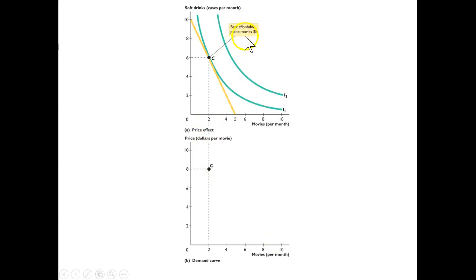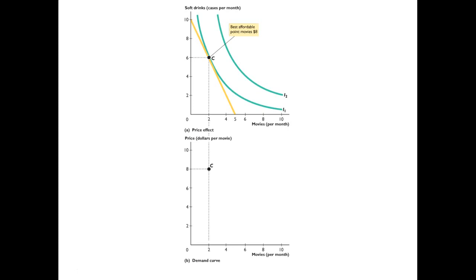The price of movies, which helps us to construct our budget line, is $8. So we can put $8 on the vertical axis. And we know that in this situation, the maximum quantity of movies that our consumer will be willing and able to purchase at $8 is 2 movies per month. So far, so good. So we've got 1 point so far for a demand curve.